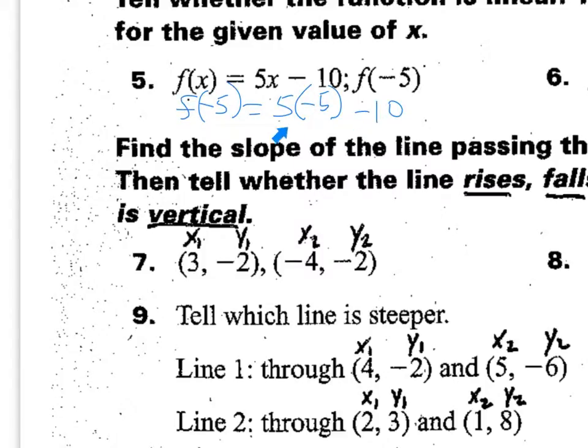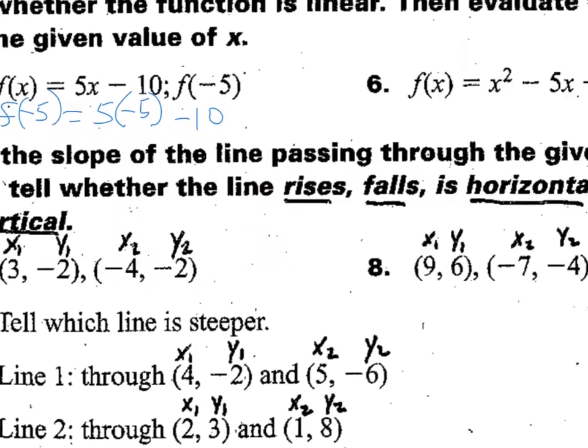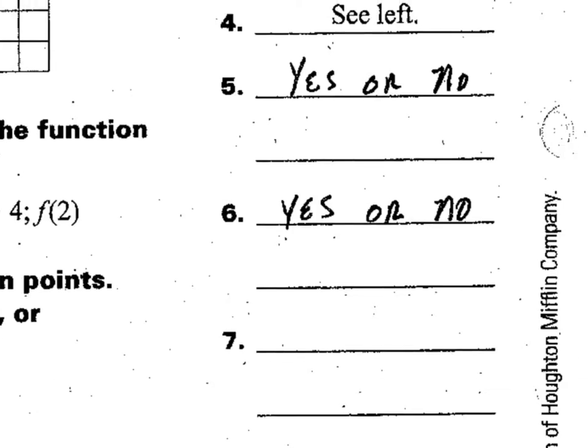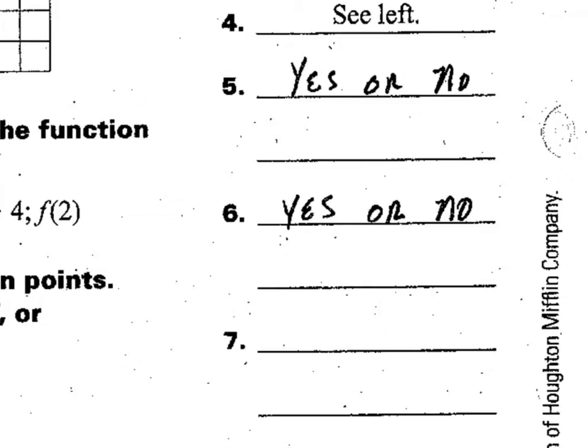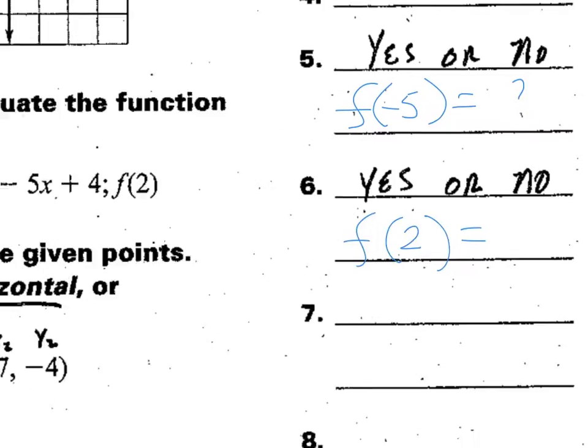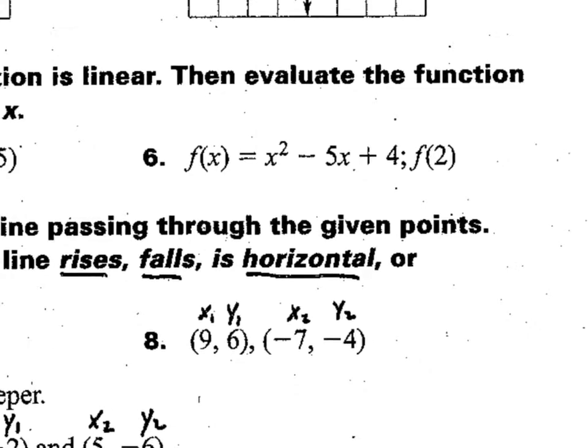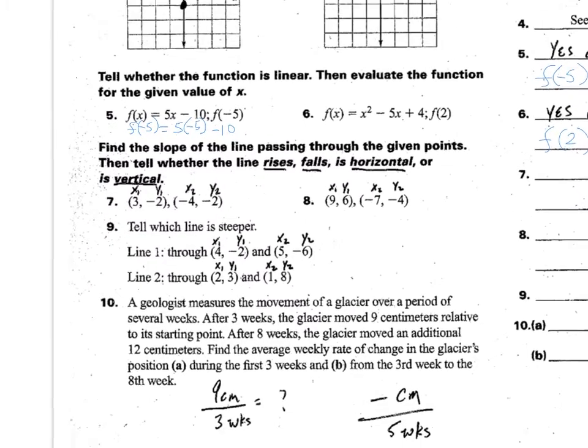And you go ahead and work this part out for your answer. So on the line for number 5, you would write f of -5 equals what? And same way on number 6, it's going to be f of 2, since you're going to plug in a 2. So that's what you're doing on number 5 and number 6.